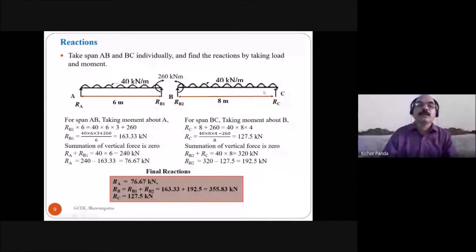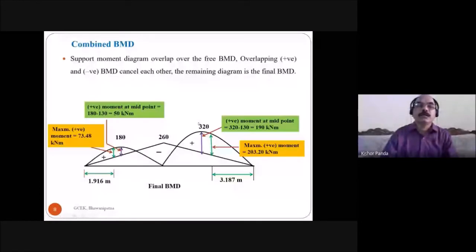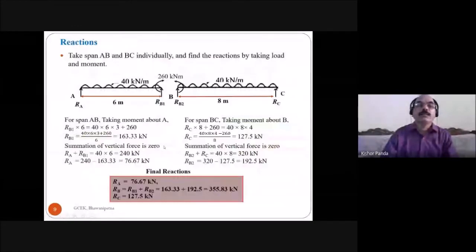Then here you got the moment 260 negative, and when you are considering span AB, this negative moment you have to take at B clockwise direction, and when you are considering span BC, at B this negative moment you have to take anti-clockwise direction. For this negative moment, the sign convention is: left side anti-clockwise and right side clockwise.